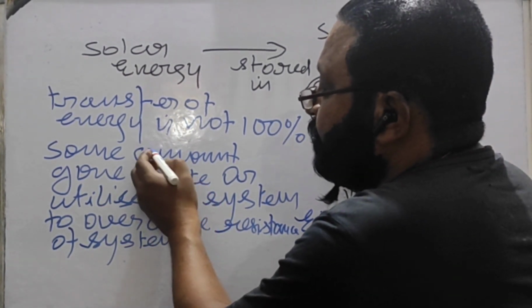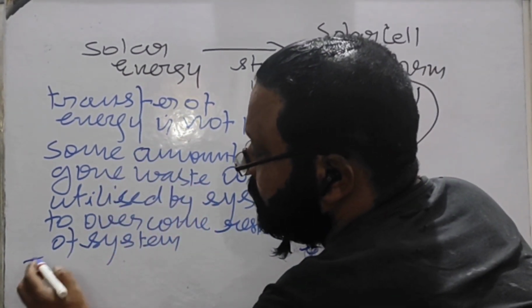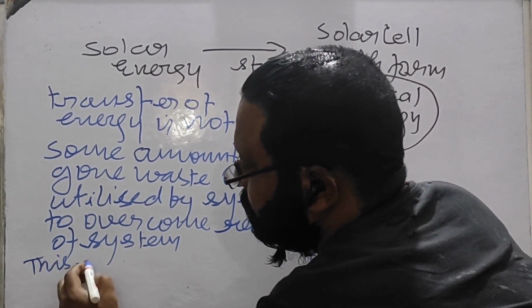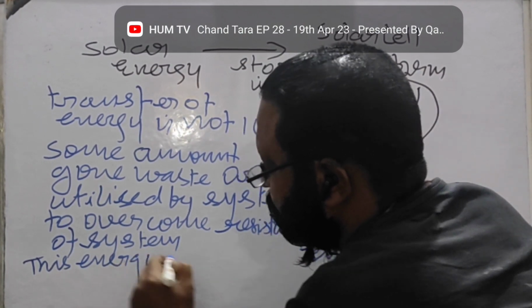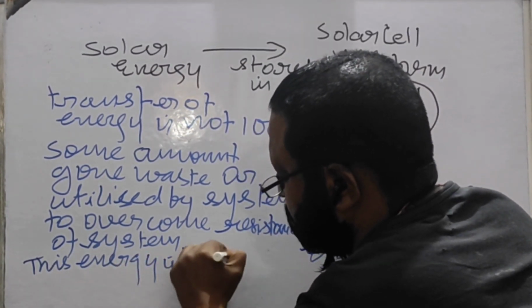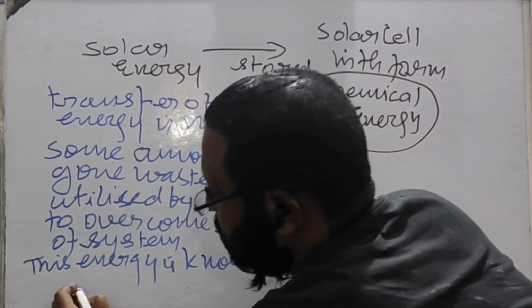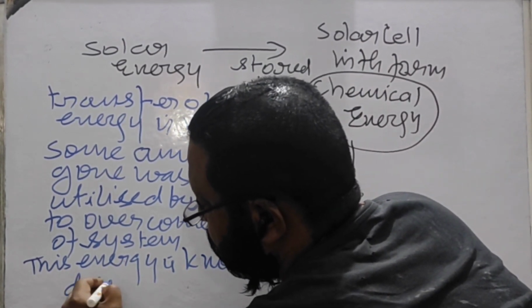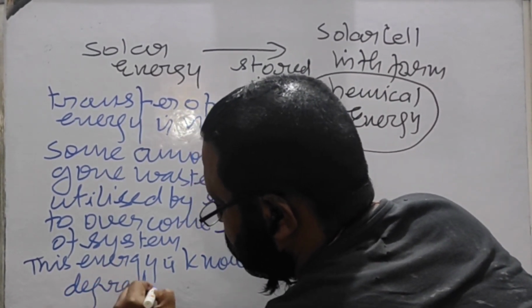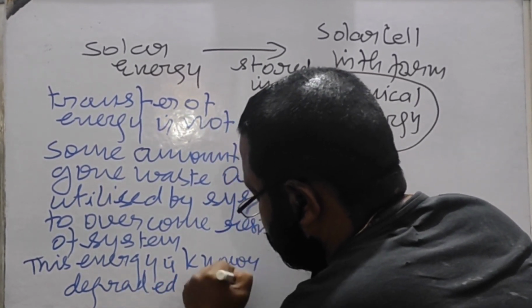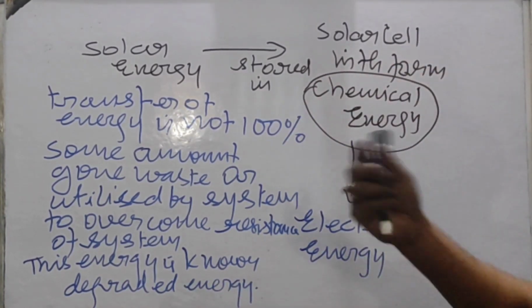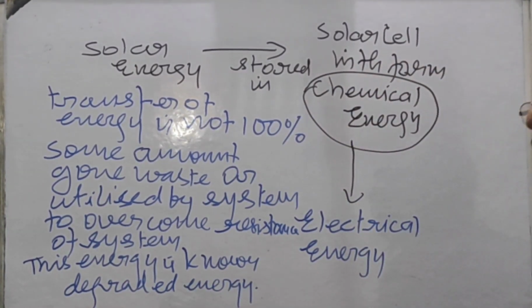This amount of energy is known as degraded energy. But in lower classes, we assume that there is no loss of energy.